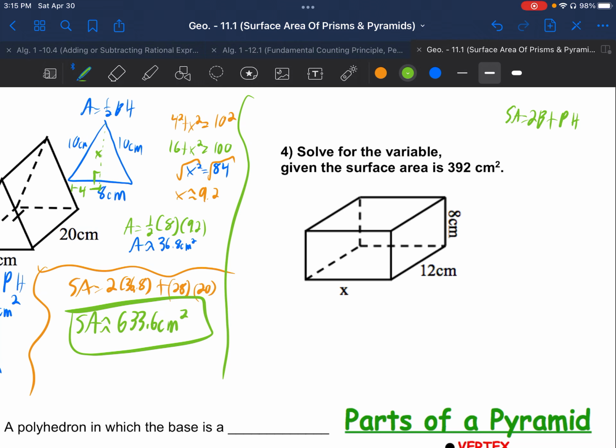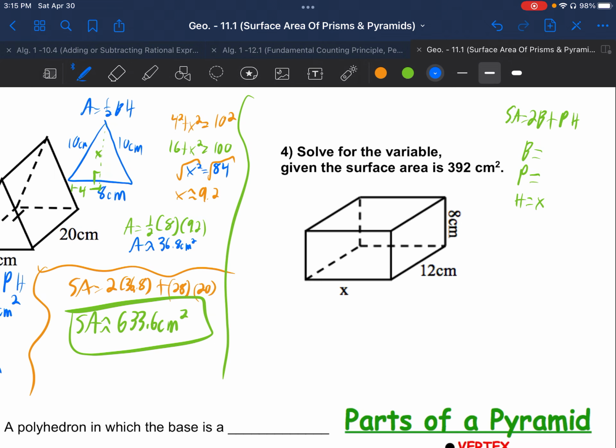Now for this one, even though we made the base this side previously, in my opinion, it would be easiest to solve for this variable if we just call that our height. So we would need to know our base area as well as the perimeter of the base, and we would leave our height as x.